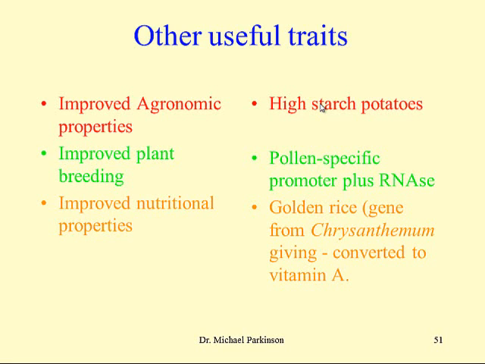And one way of preventing self-pollination is by using pollen abortion. So you can do this. I've already mentioned cytoplasmic male sterility, which is mitochondrially encoded and therefore is not pollen transmissible. But it doesn't always work.